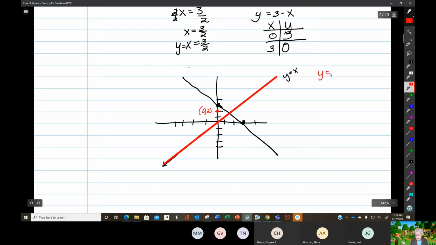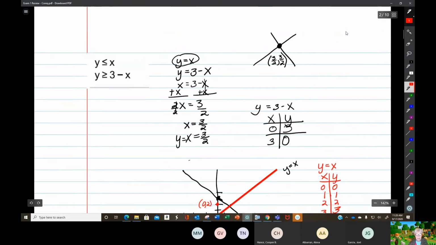If y equals x, then if I make an XY chart, I'm going to have 0, 0, 1, 1, 2, 2, 3, 3. They're going to equal each other. It is not going to be true, going back here, if x is 0 and y is 2, it is not going to be true that 2 is less than 0.